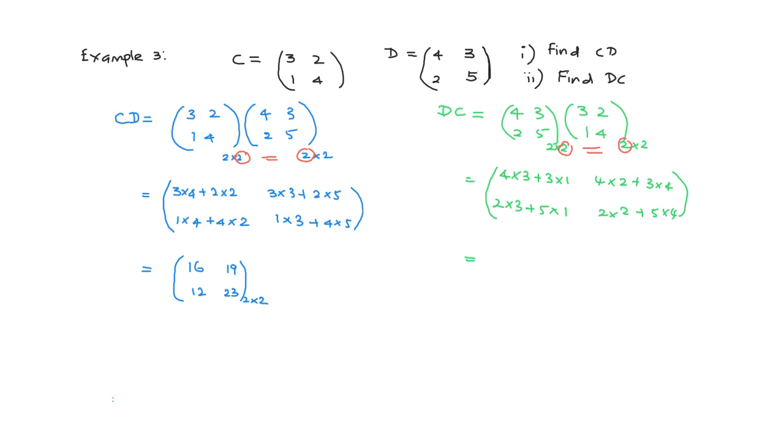So 4 into 3 is 12 plus 3 is 15. 8 plus 12 is 20. 6 plus 5 is 11. And you have 24 here. So 2 by 2 is the order there. Then we can define both CD and DC, but they are not equal. CD is not equal to DC.